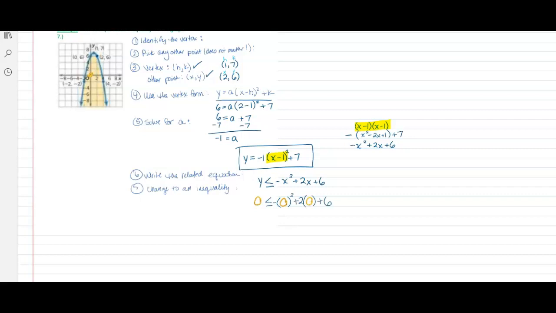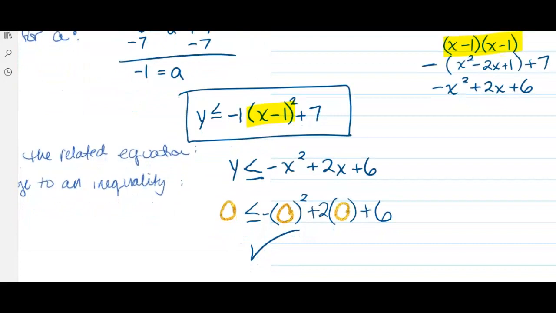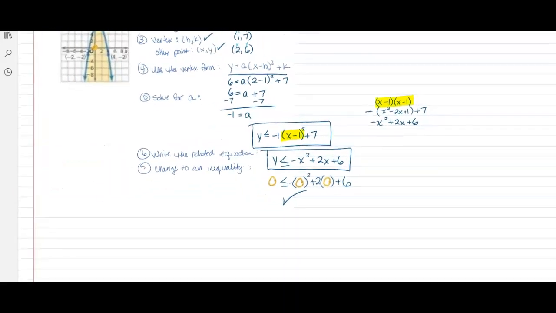Is 0 less than 6? It is, so I know I've picked the correct symbol. So I would either need to have it in vertex form or in standard form. Both of these would be acceptable ways to write the equation of that inequality.